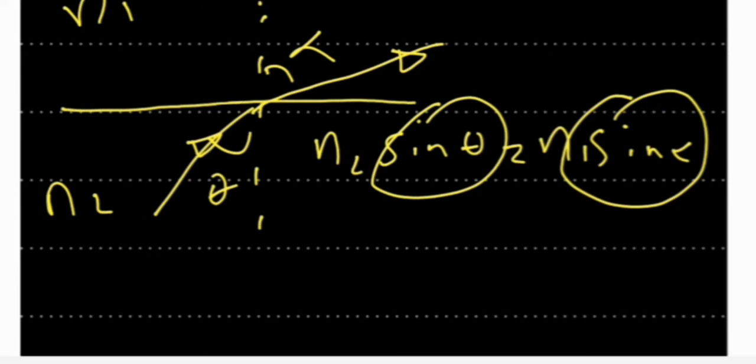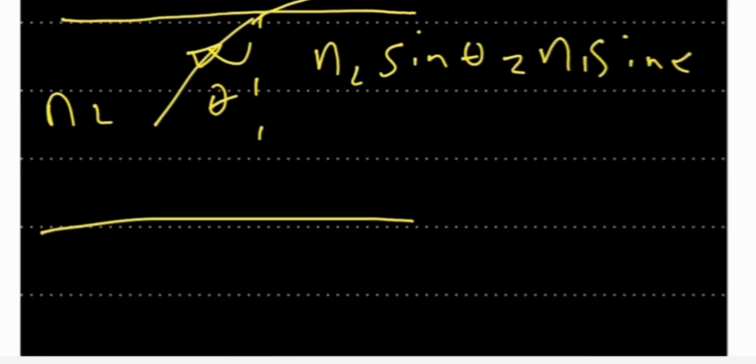Now look, if it is going from the medium of the bigger index of refraction to the smaller one, you can have a total reflection. How? Again, n2 sine of theta is equal to n1 sine of alpha. You can see clearly that alpha is bigger, so the sine of alpha is bigger than the sine of theta.